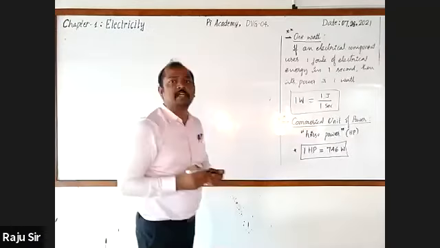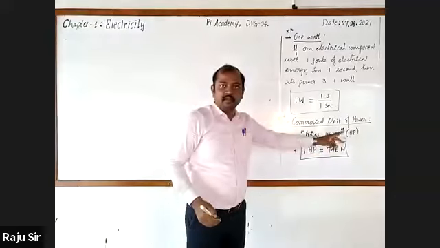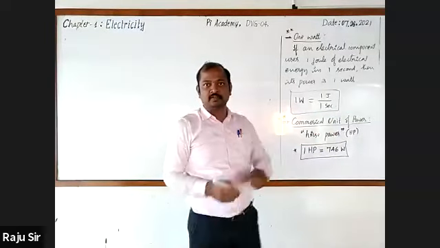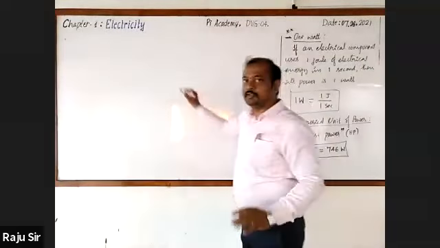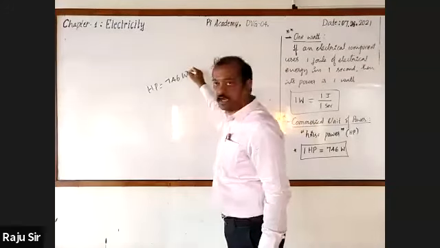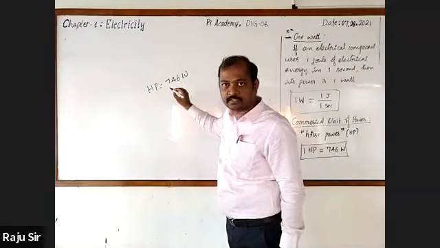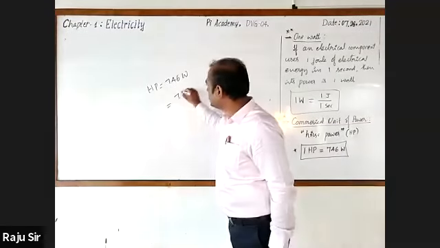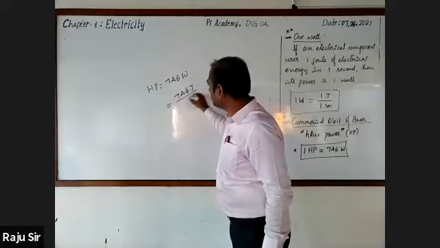Sir, how do we define horsepower, sir? You can define horsepower like this, I think I've given you that information. Don't copy. 1 horsepower is nothing but 746 watts. This 746 watts can be written as 746 joules per 1 second.